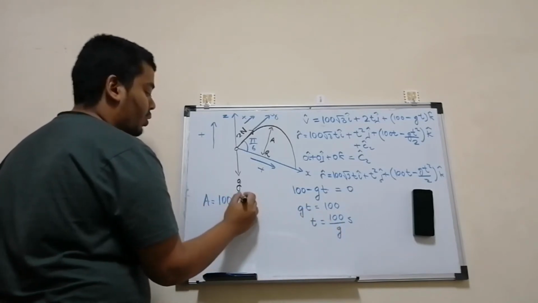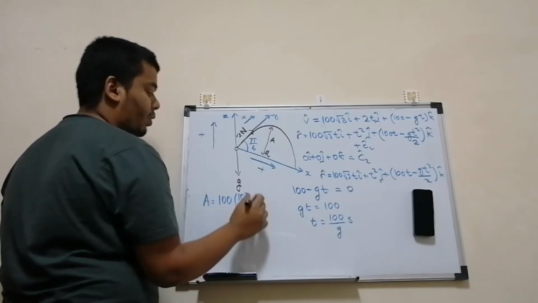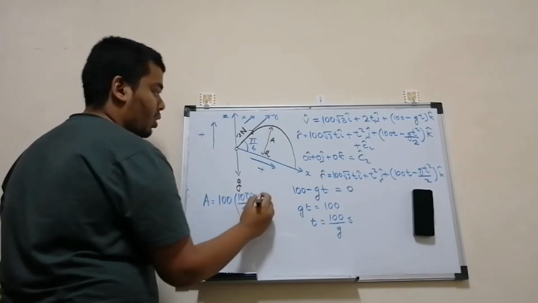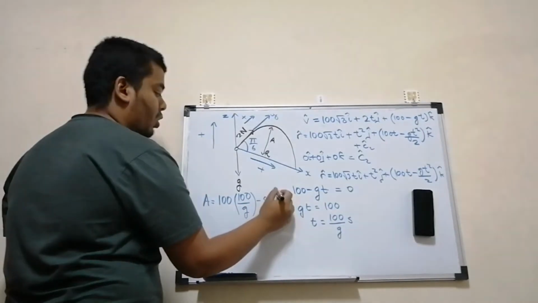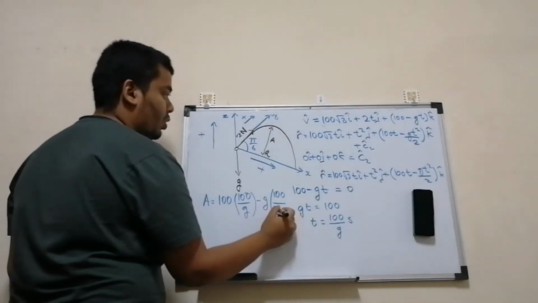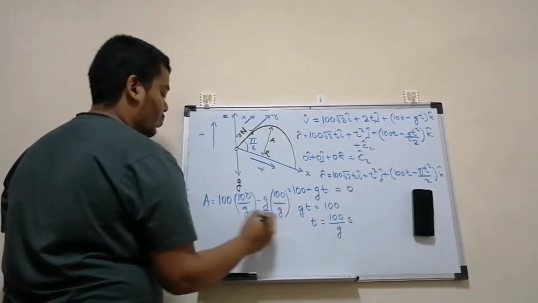So it will be 100 over g minus gt square over 2.